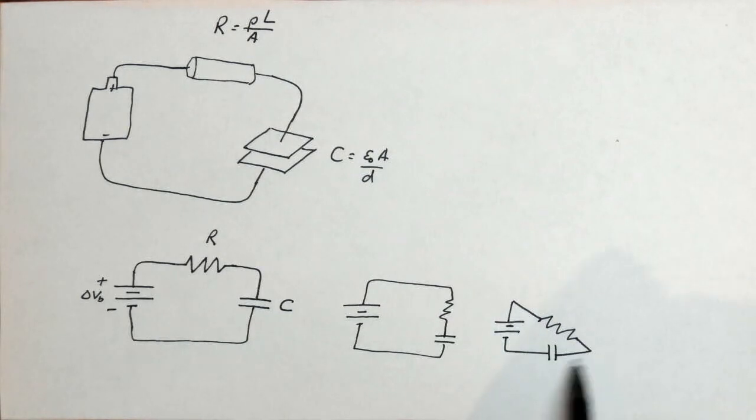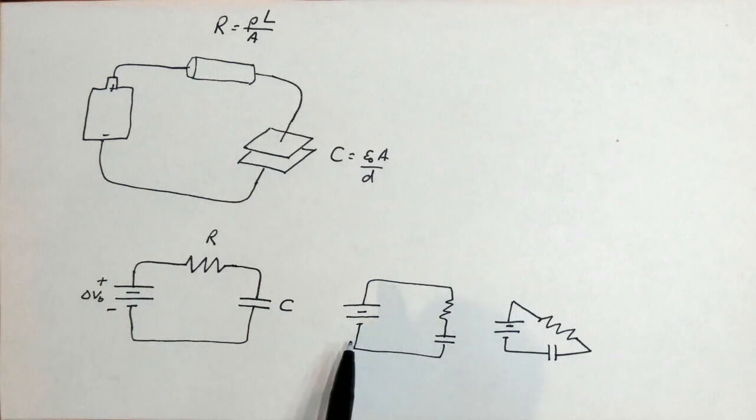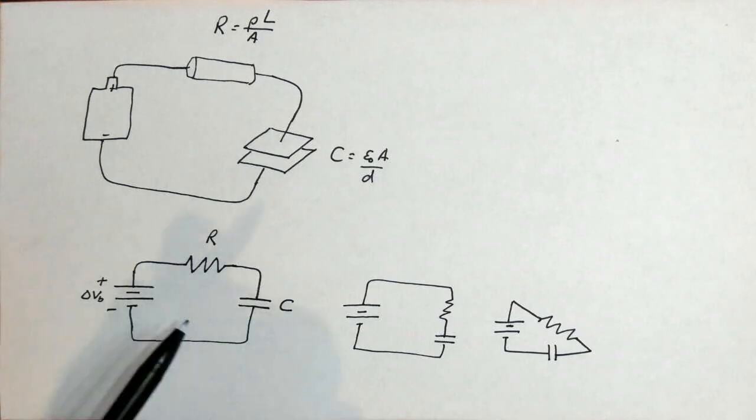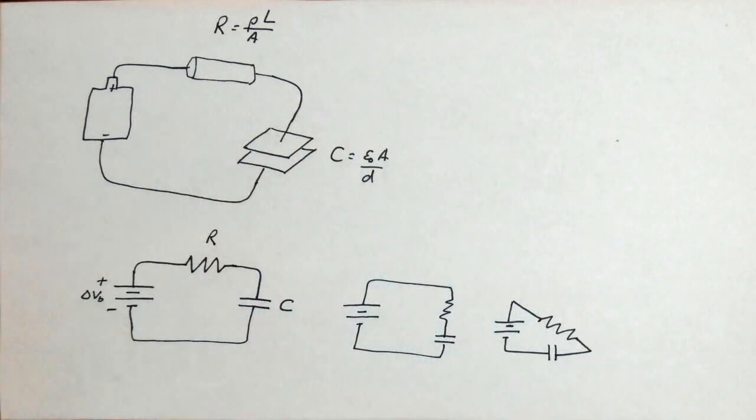There's one wire connecting the other side of the resistor to one side of the capacitor, and one wire connecting the other side of the capacitor to the negative side of the battery. Same as in this or in this. All of these would represent that diagram. And so what this means is when you have a complicated diagram that may have a lot of angles or bends in it, try and simplify it, make it the simplest looking diagram you can by taking out angles or long stretches of wire or bends in wire that aren't needed. So recognize that what's important is how the elements are connected via the wires.